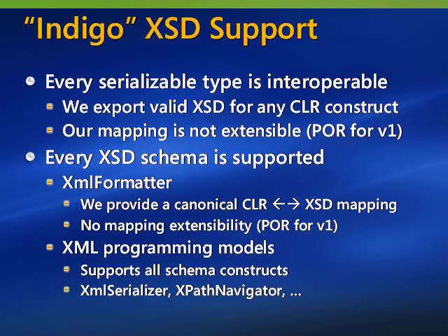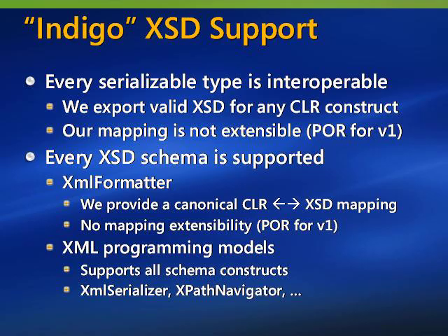Anyway, our mapping is not extensible. What this means is that when you have a CLR type that has data contract or serializable or implements ISerializable, we have a canonical mapping for those CLR constructs. We say, okay, we know how to map an event. We know how to map a generic. We know how to map ISerializable. And so you get our mapping. And it's not extensible in V1.